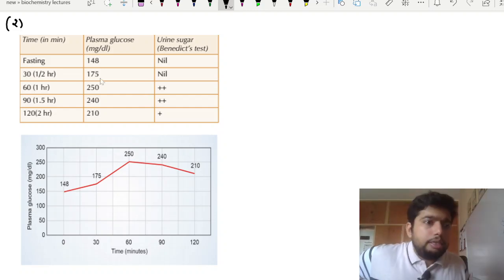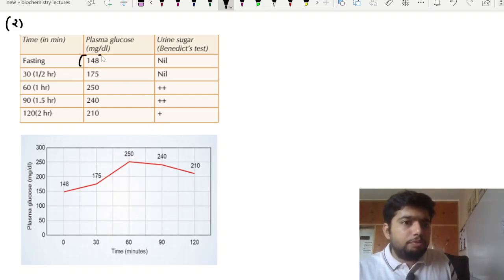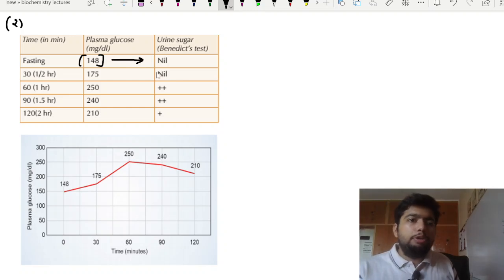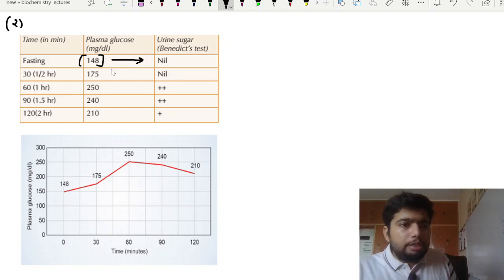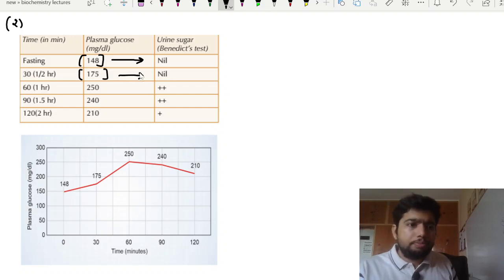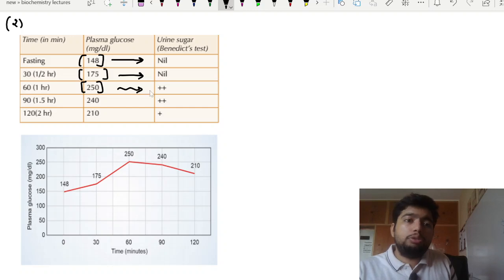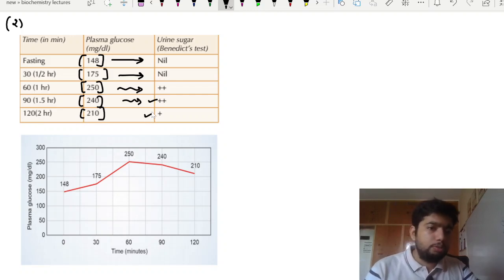So directly, fasting it is 148, but here urine sugar is nil. At 30 minutes 175 is coming, but in urine again sugar is negative. At 60 minutes it is 250. And absolutely the urine shows positive, that is at 90 minutes 240, and urine also shows positive, and you can see at 120 minutes, that is 2 hours, it is 210, and it is positive for urine sugar.